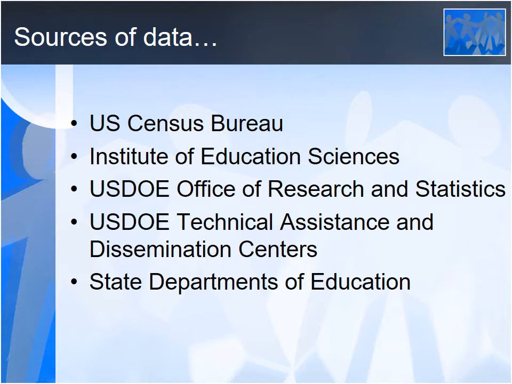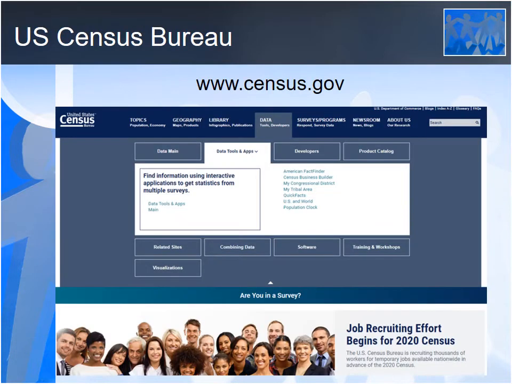So right now, if you need to, pause this video and resize your windows so that you can pull up an internet browser window and kind of click through with me as I show you these sites. Okay, so the first one we're going to look at is the U.S. Census Bureau.